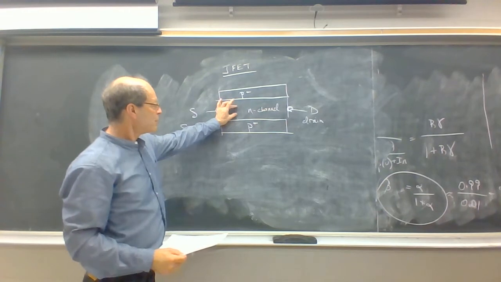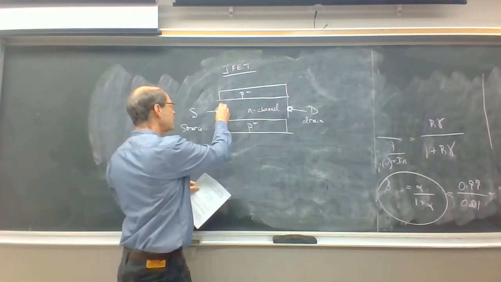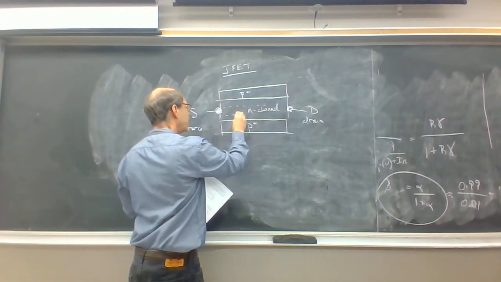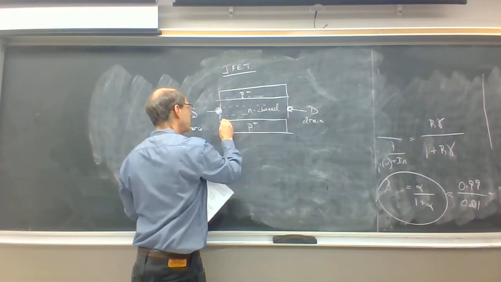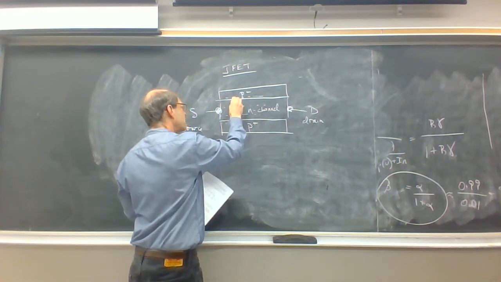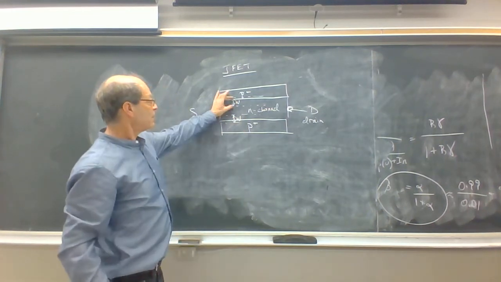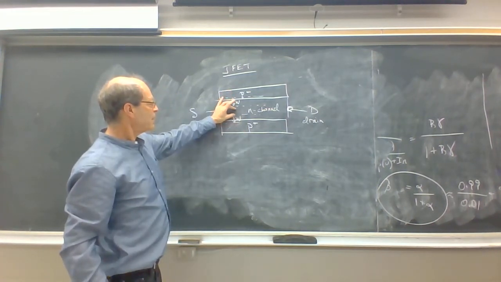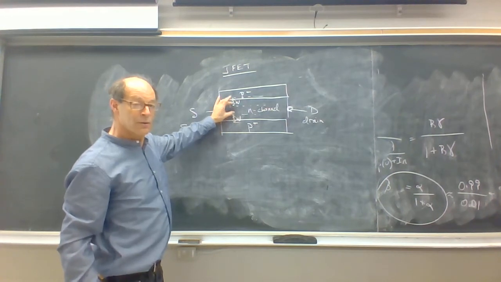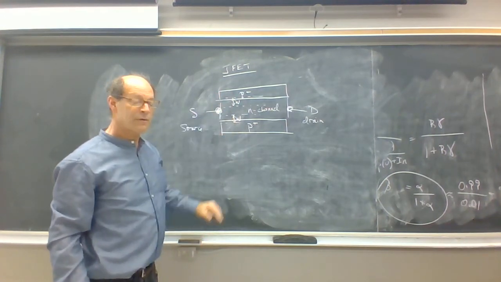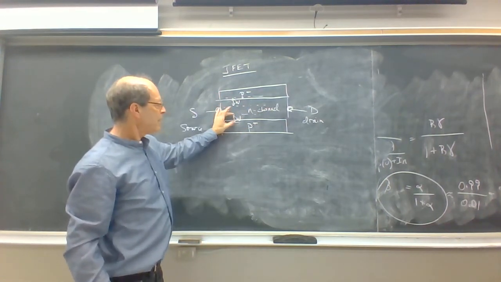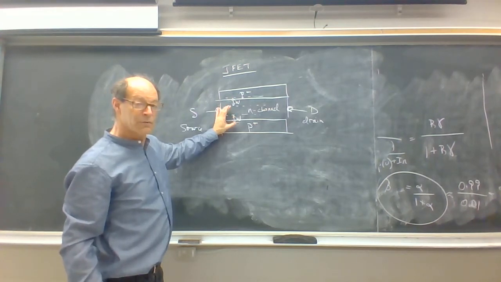And the thickness of this channel is very simply controlled by varying the depletion width of the depletion regions between this P plus layer and the N layer. So you can see there are two depletion regions on either side of this channel, and you can vary the width of those depletion regions.